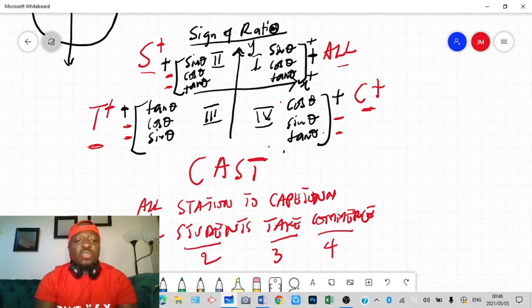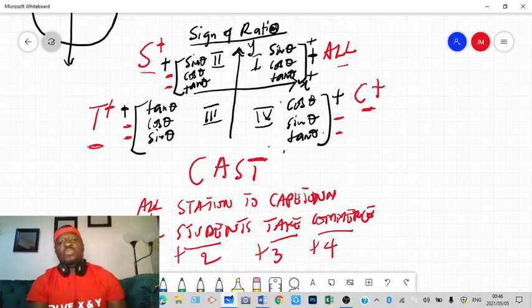So in the first, all of them are positive. Here, S is positive, the rest are negative. Tan is positive, the rest are negative, and Commerce, of course, cos is positive.